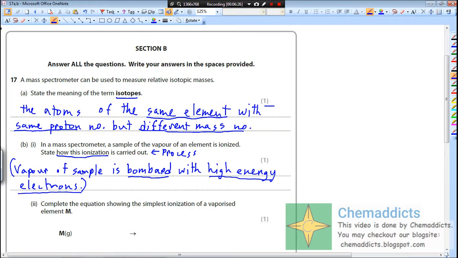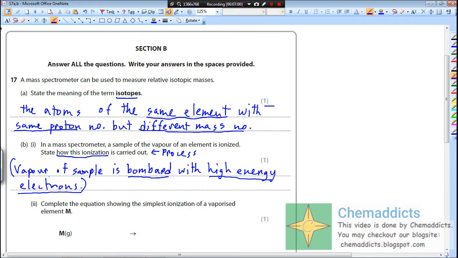I'm telling this once again: we should avoid giving reference to ionizing or forming positive ions happening here, or mentioning the equation.